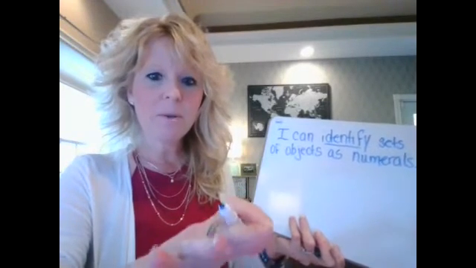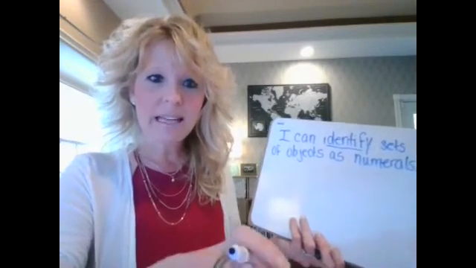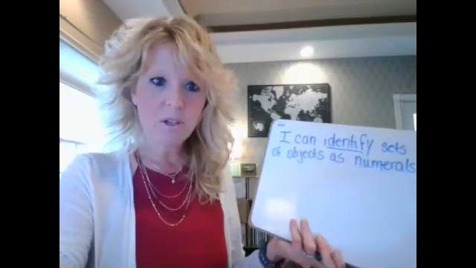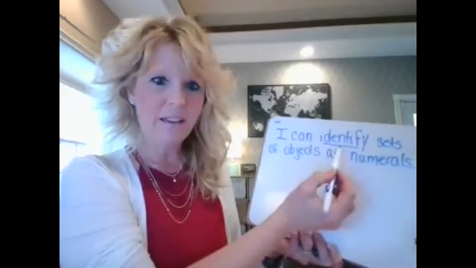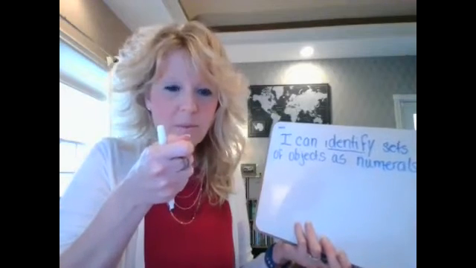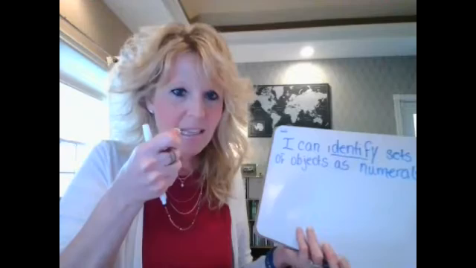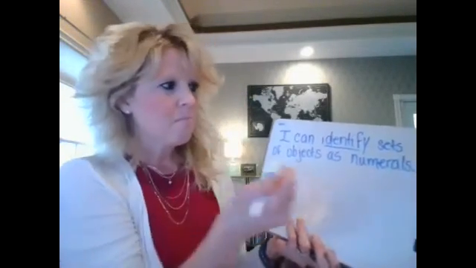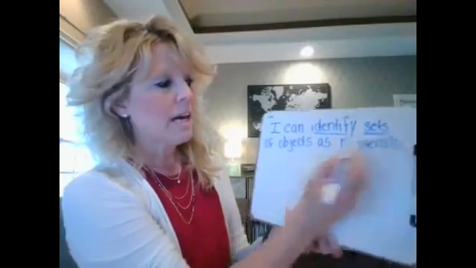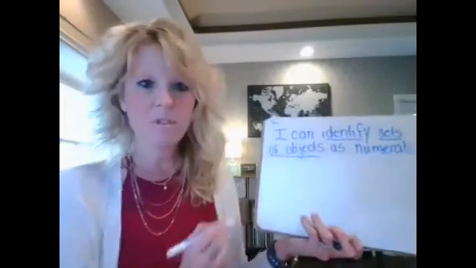You're going to be able to pick out sets and name them as numbers. For example, if you were a detective and you had one of those detective magnifying lenses and you're identifying something, that's what identify means.